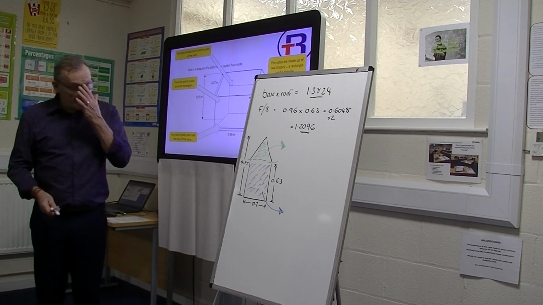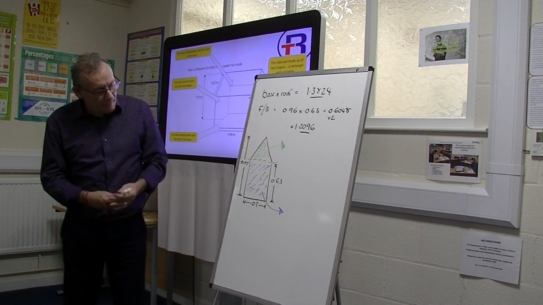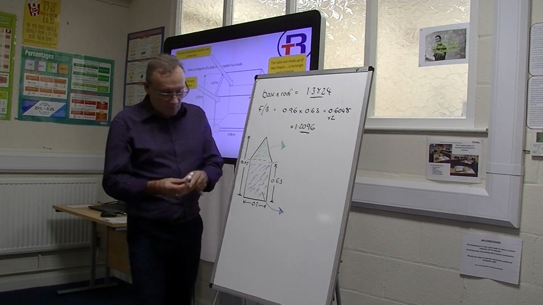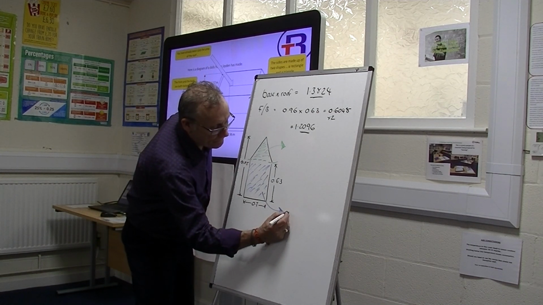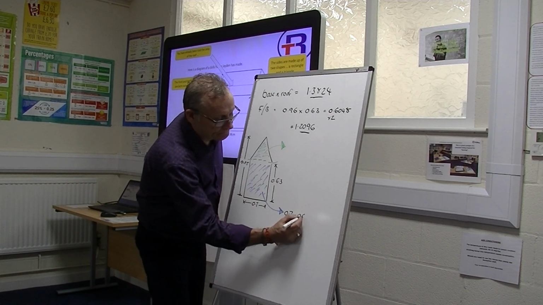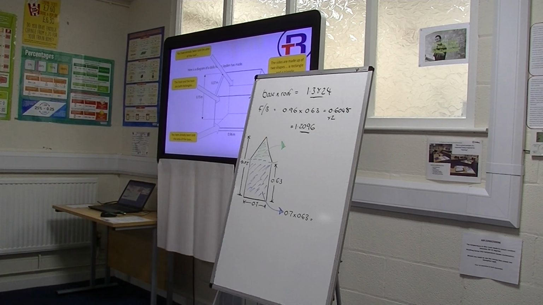We'll start off with the easy bit. The rectangle. What do we need? We need length times height. So we've got 0.7 times 0.63. Okay, we've got 0.7 times 0.63.